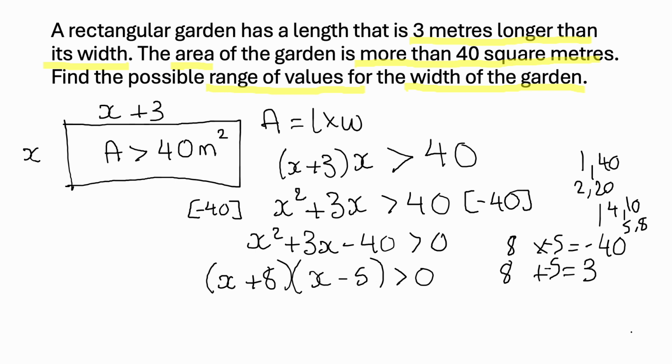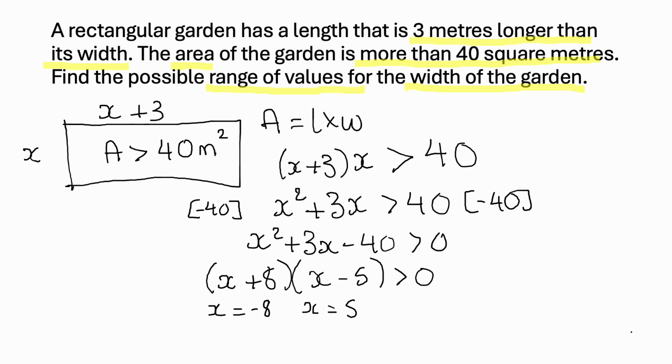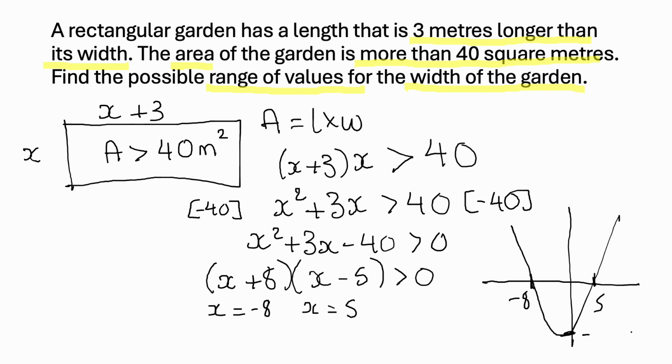So x here would have to be negative 8, and x here would have to be 5. And then from here, we would draw a rough sketch of our quadratic curve. So we're going to get something like this. This is -8 and this is 5, and our y-intercept is going to be -40. And then we put our 0, our y and our x.